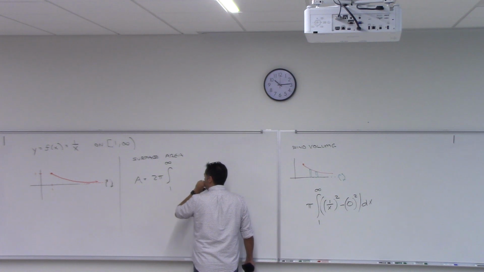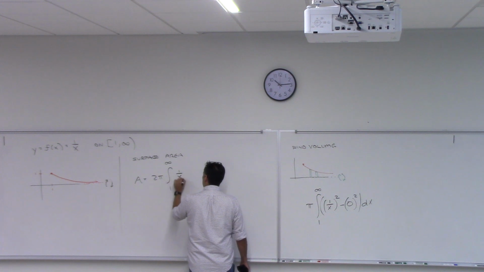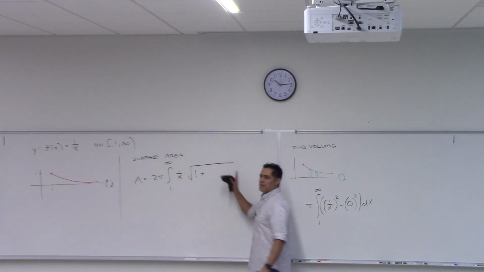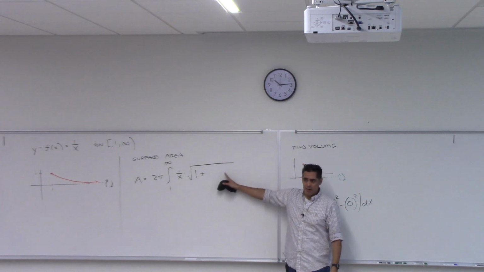Okay, what now? 1 over x, that's the function, times the square root of 1 plus, okay, I need the derivative of the function squared right here, don't I?